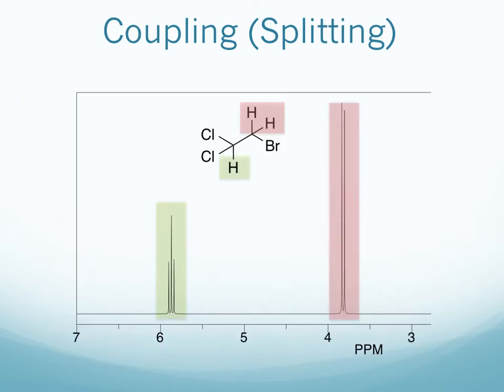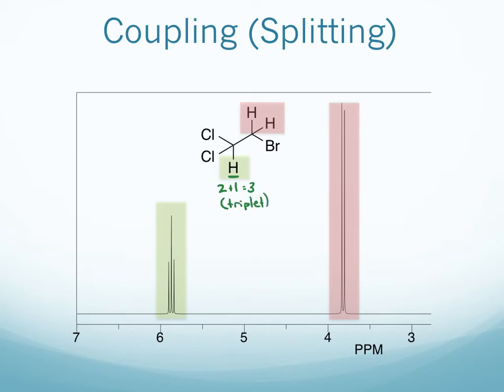Here's an example where we see the spectrum. And again, this hydrogen here in green, on the neighboring carbon, there's 2 protons. So you would do 2 is N plus 1 equals 3. That's a triplet.